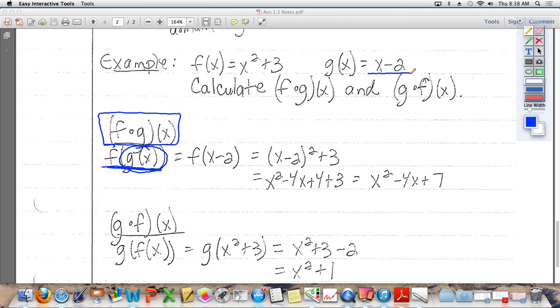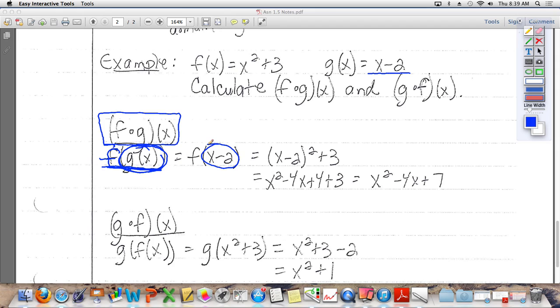So what we're really doing is figuring out what is the value of f when I replace the input value with g of x, which is x minus 2. So I'm going to take this x minus 2 and I have to plug it in to my x value in f of x. And the x value in f of x is x squared.